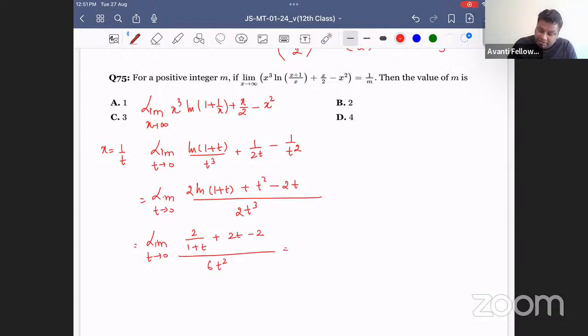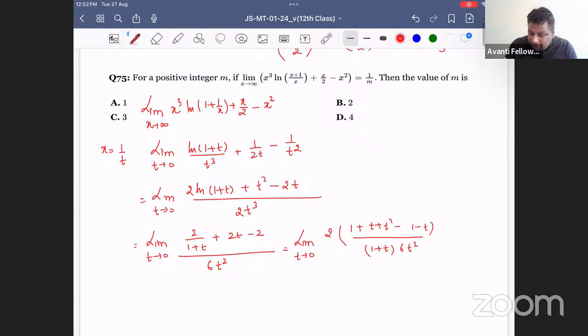Now if I take LCM, limit t approaches 0, we take 2 common. LCM will be (1 plus t) into 6t square. It is 1 plus t square minus 1 minus t.